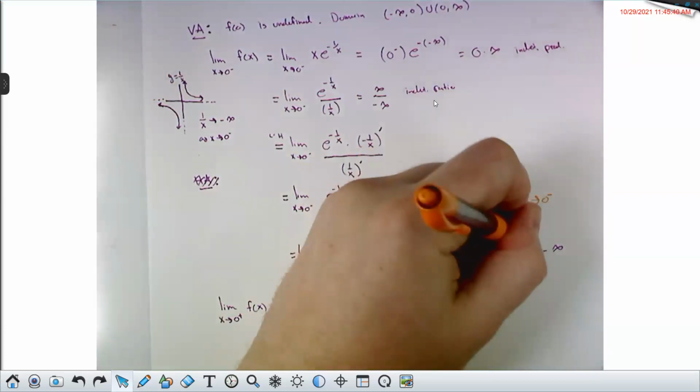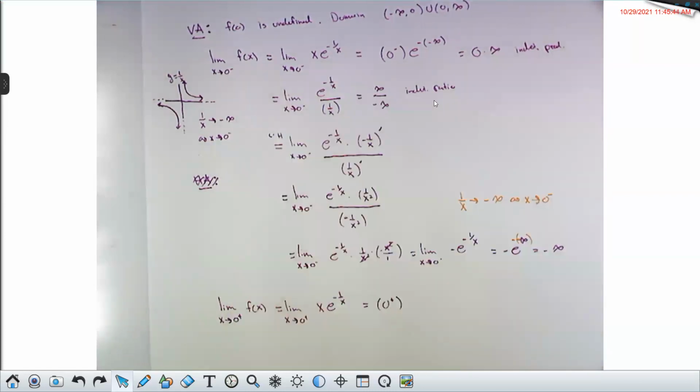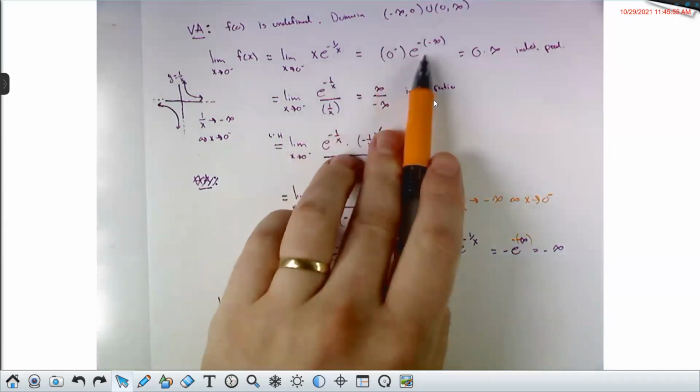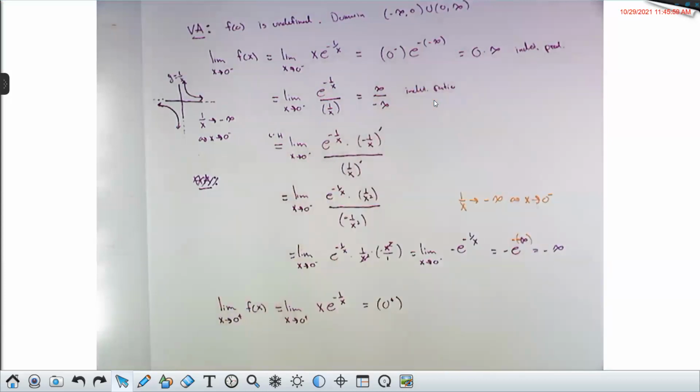Now you can think of it like that if you like. So negative 1 over x is going to positive infinity. So it's really the same logic I applied up here. That's why I wasn't as verbose about it. It's the same thing we did here to say that this is infinity.